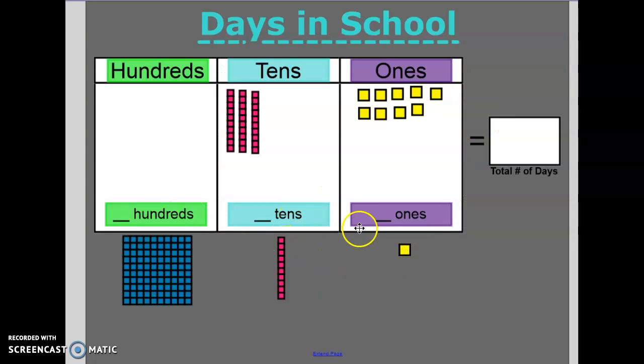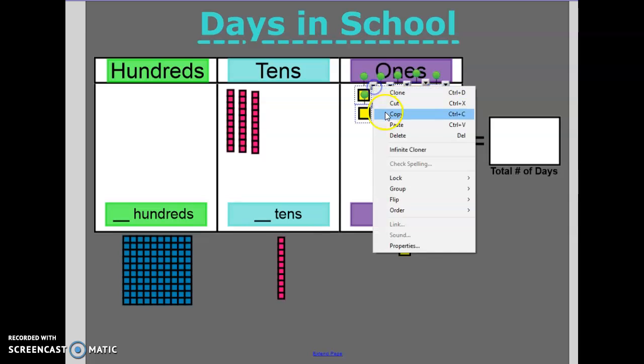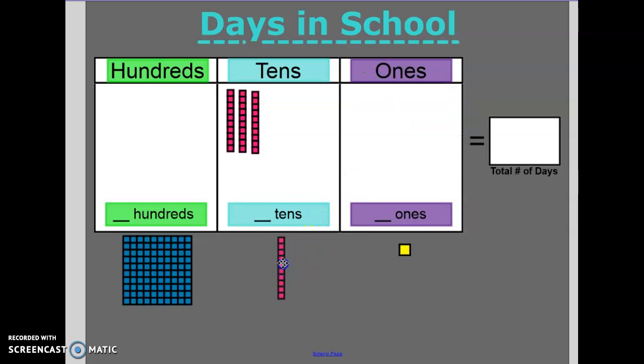Yesterday we had been at school 39 days. If I have 39 and I had one more, can we have 10 ones in the ones place? Nope, we need to trade them out for a rod. So here it comes. How many groups of 10 do we have now?